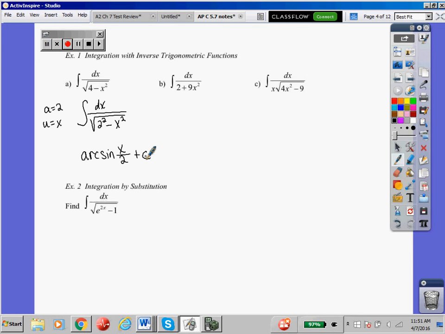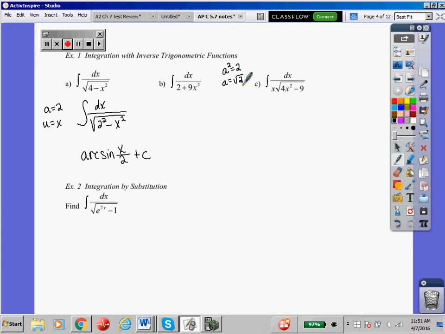All right, letter B. I have the integral of dx over 2 plus 9x squared. Well, here's the deal. Out of the 3, which one does it look like we might be able to use? The arctan. The problem is 2 is not something squared. If a squared has to be 2, then our a is the square root of 2.